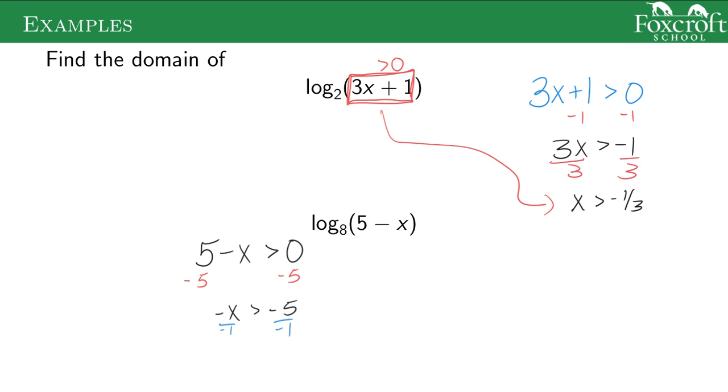And this is what I mentioned before. The negatives are all going to cancel, but because I divided by a negative number, the inequality switches directions. And my final answer is the domain of this one is everything less than 5. Those are the only numbers I could plug in because it would guarantee that I plug a positive into my logarithm.